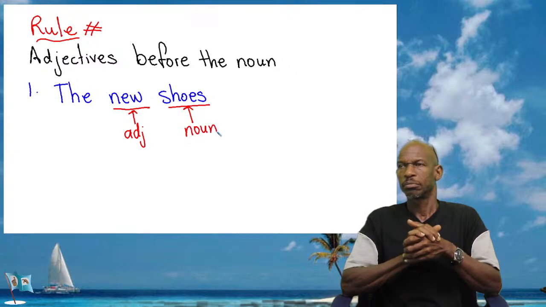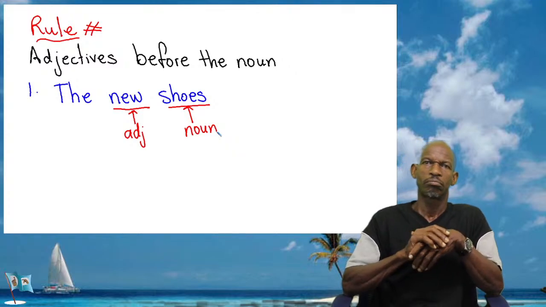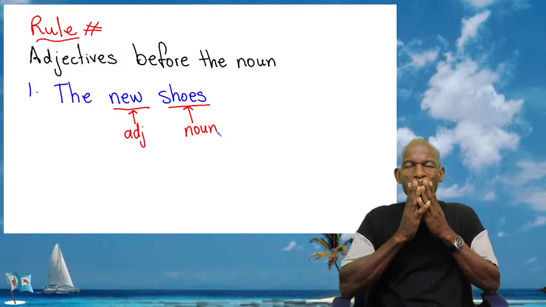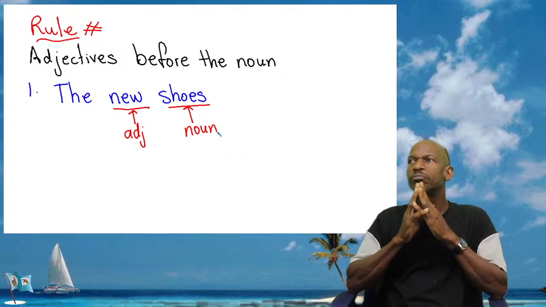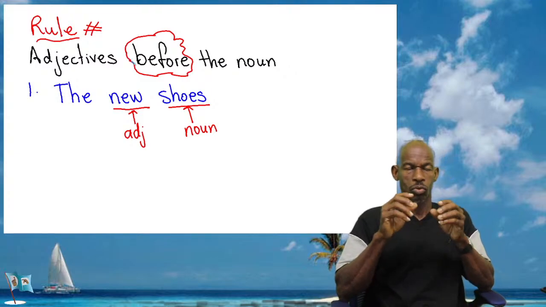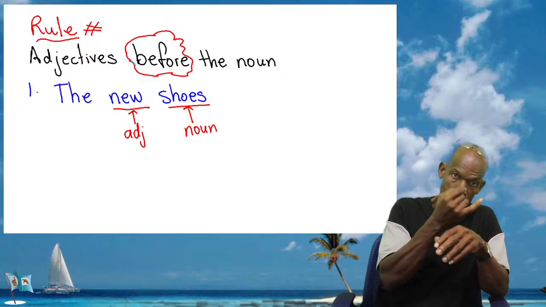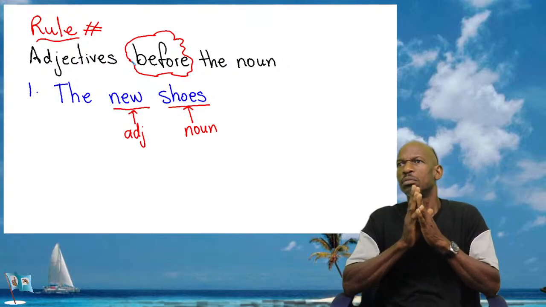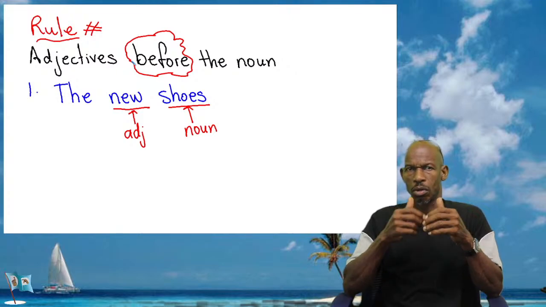So I can say the new shoes. That is one way of placing the adjective. The adjective is before the noun. So I write the adjective first and then I write the noun. That is one place to put the adjective. So in terms of the word order, this is one way of putting it.